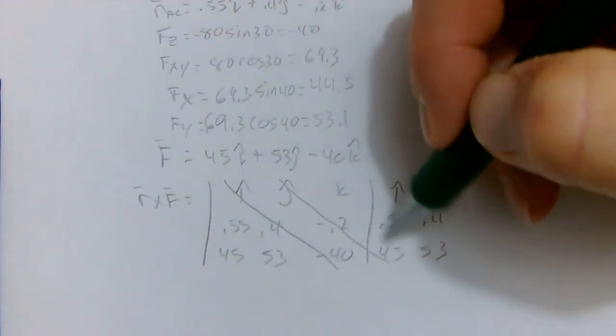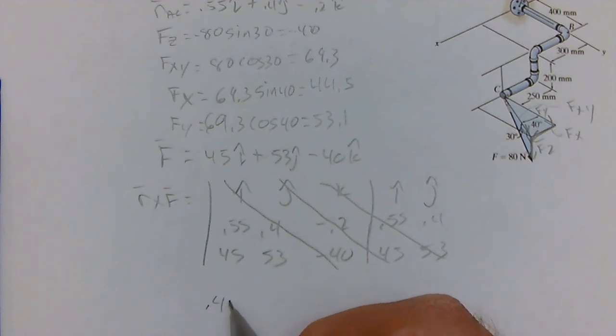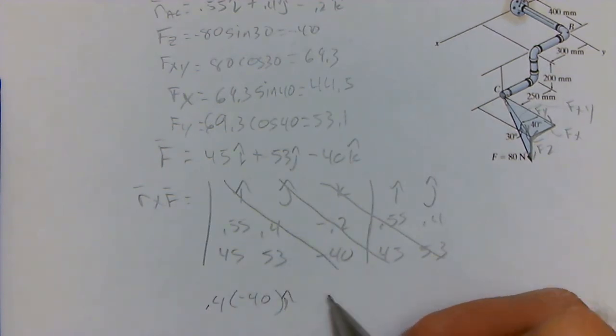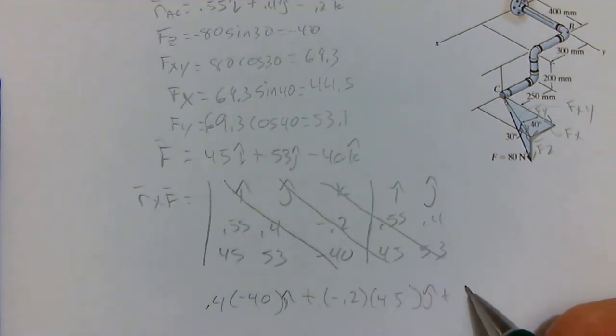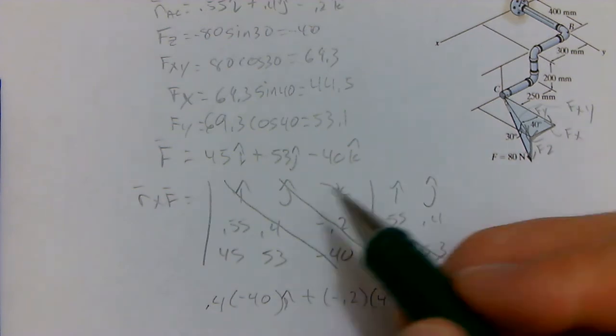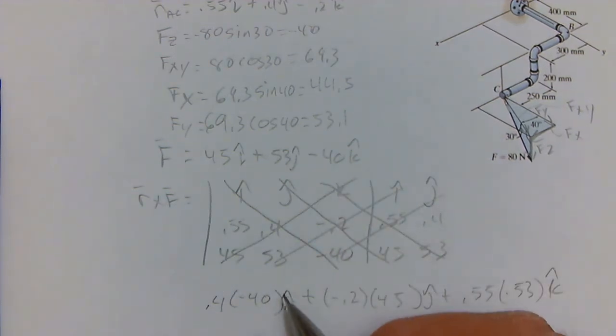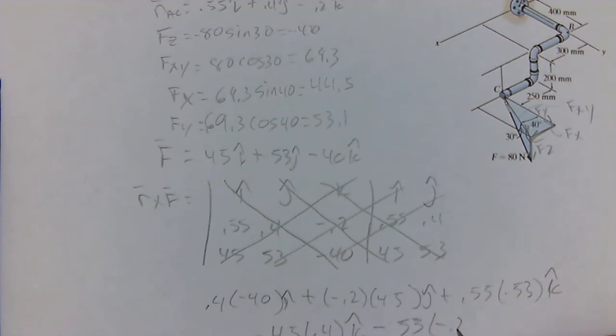So here's our positives. 0.4 times negative 40 in the I, plus negative 0.2 times 45 in the J, plus 0.55 times 53 in the K. And then our negatives, 45 times 0.4 in the K, minus 53 times negative 0.2 in the I, minus negative 40 times 0.55 in the J.